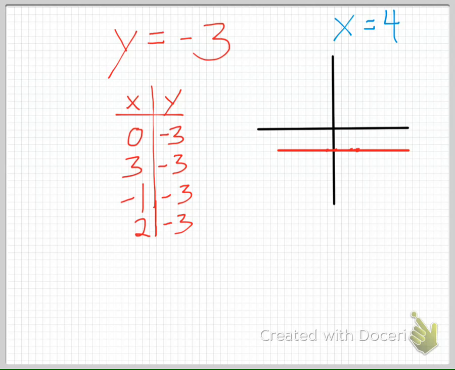If x equals 4, then that means it's 4 units to the right of the y-axis. So everything along this line is 4 units to the right. So this would be x equals 4. So those are the only 2 special cases. Everything else you can use a t-table or x and y intercepts.